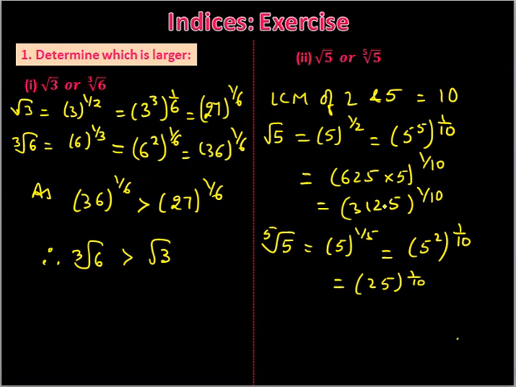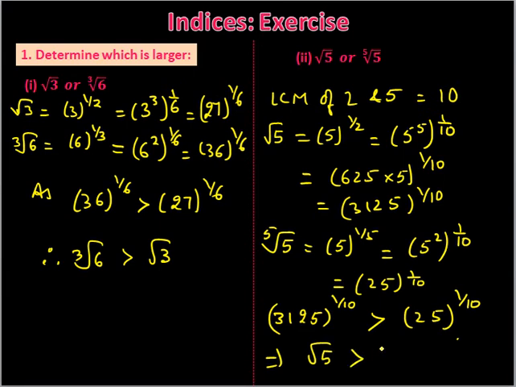Now see, square root of 5 as well as fifth root of 5 are both converted into the form which can be compared. So if you look at both the things, you will find 3125 raised to the power 1 by 10 is greater than 25 raised to the power 1 by 10. So we can easily tell square root of 5 is greater than fifth root of 5.